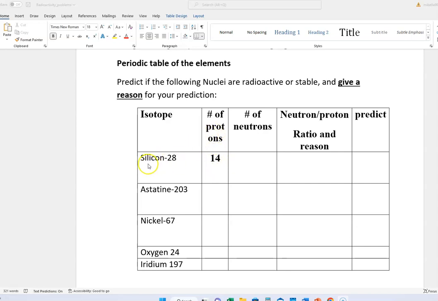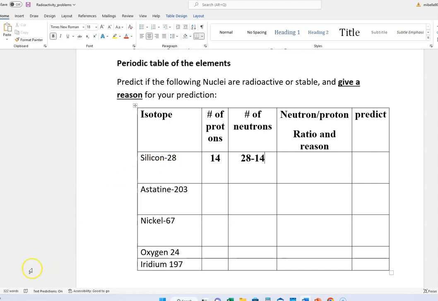Silicon, by definition, has 14 protons. But in particular, this isotope is silicon 28. So the number of neutrons is going to be 28, because the 28 is the number of nucleons, the number of protons plus neutrons, minus 14.